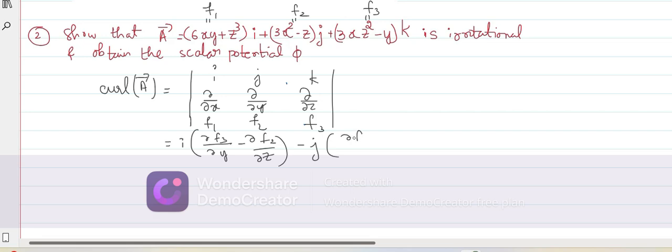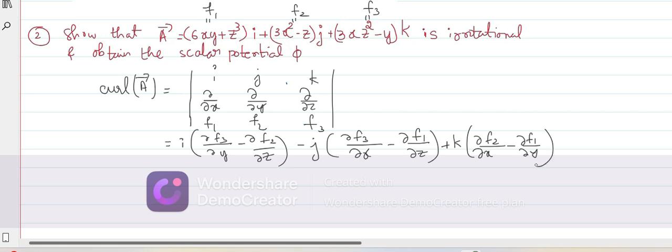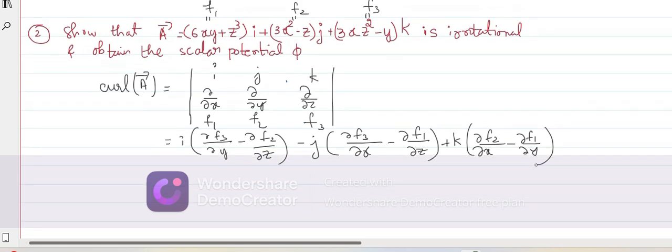So it is dou f3 by dou x minus dou f1 by dou z, plus k into, delete the corresponding column and row, it is dou f2 by dou x minus dou f1 by dou y. Right? So let us calculate this first. So we need to calculate the partial derivatives here.